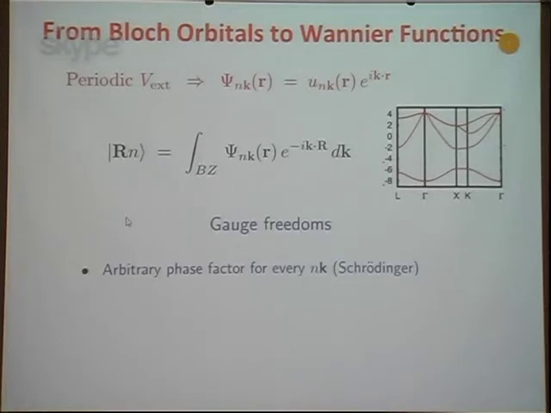For a very simple reason, because psi nk, the eigenstates of the Hamiltonian, are not uniquely defined. Actually, if psi nk is an eigenstate of your Hamiltonian, psi nk times a phase factor e to the i alpha, where alpha is a real number, that is just multiplying by something that has norm 1, is still an eigenstate of the Schrödinger equation.